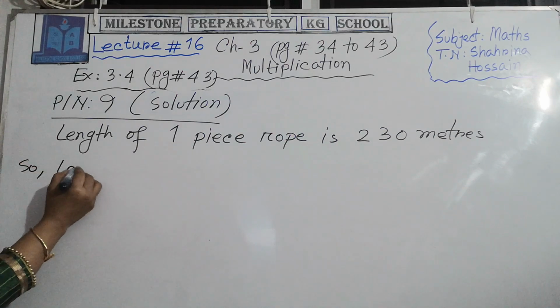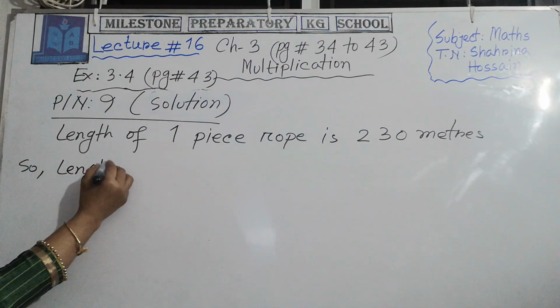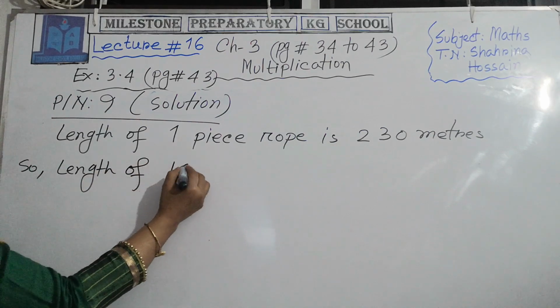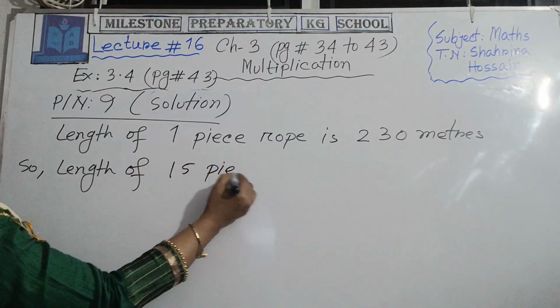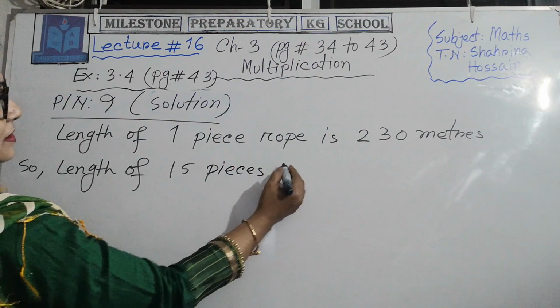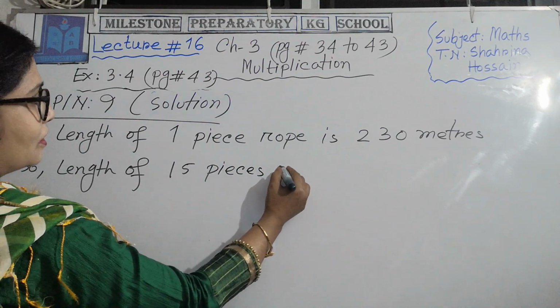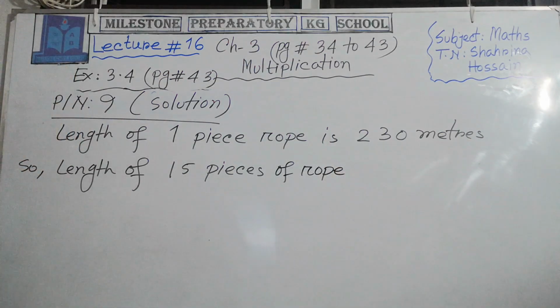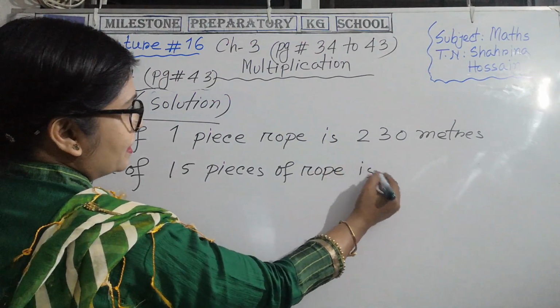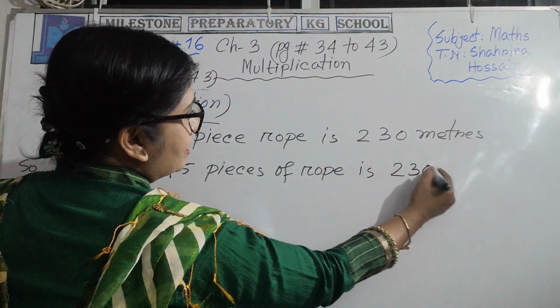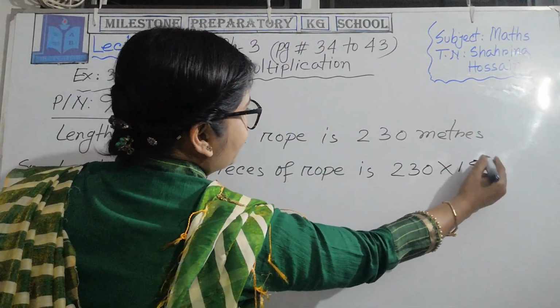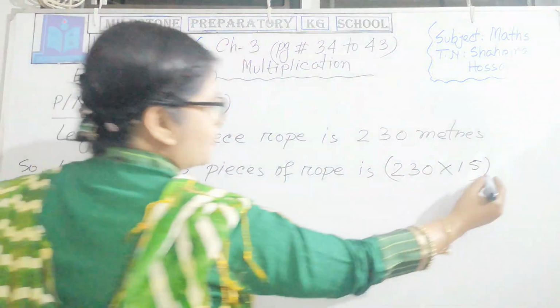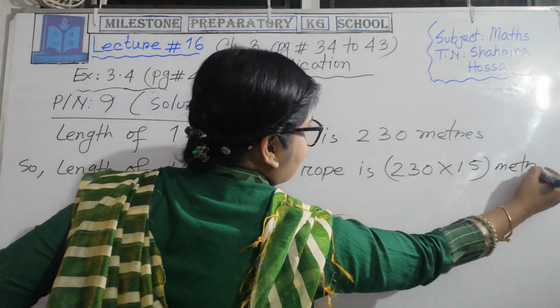So, length of 15 pieces of rope is 230 multiplied by 15 meters.